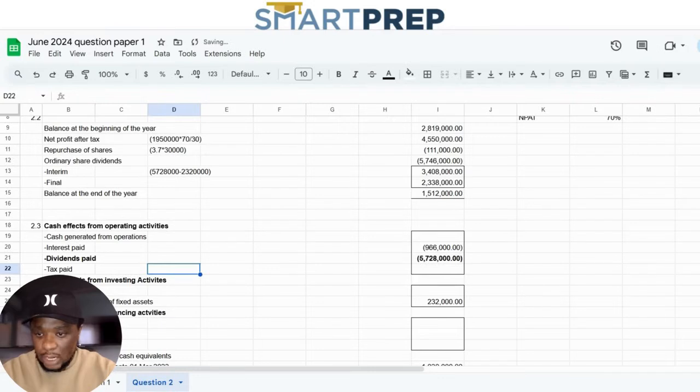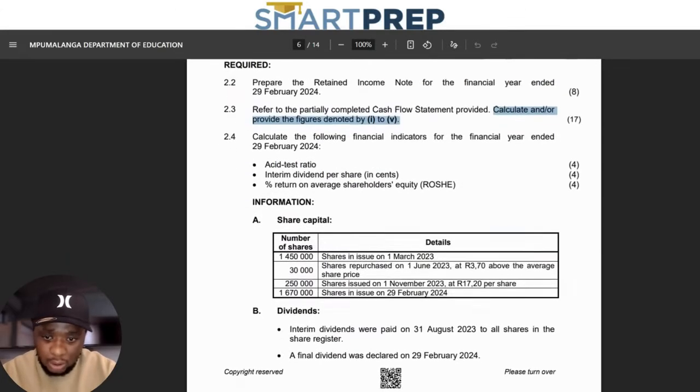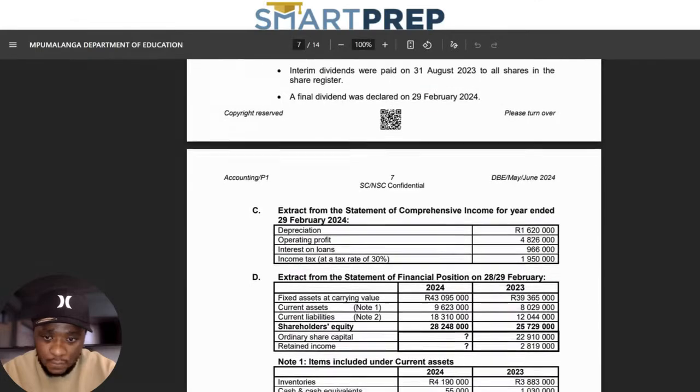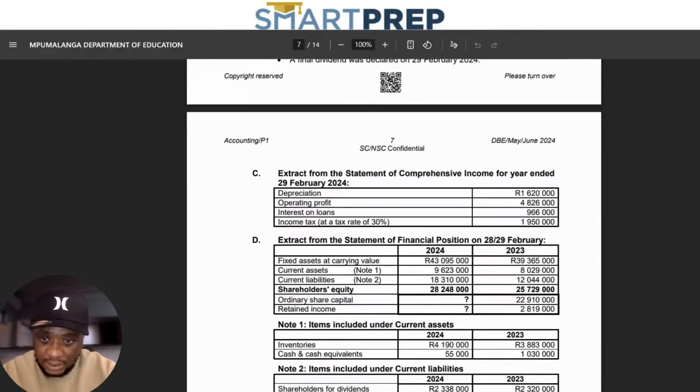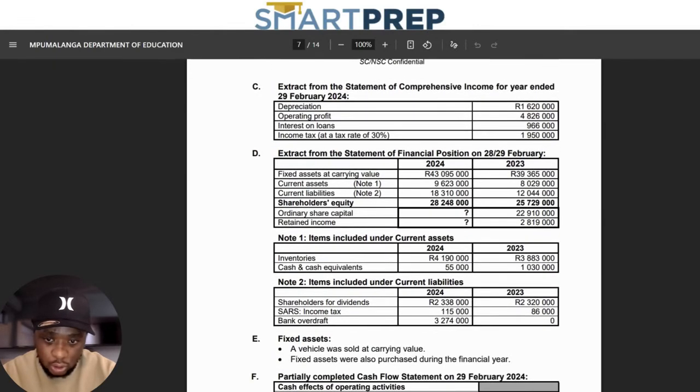Okay, now looking at the tax paid, let us look. We're going to look at the beginning of the year, was the tax owing to SARS or owing by SARS? So let's find taxation. So we have our current liabilities and current assets, and then we get more information on those.